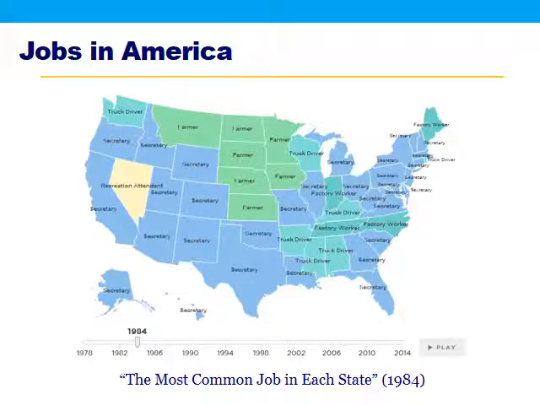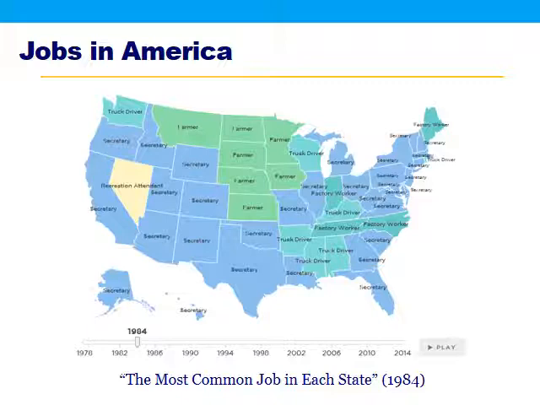This is a fun example that I'm a little bummed that we didn't get to do together. What we see here is a map from 1984 that shows for each of the 50 U.S. states what the most common, or in other words, the modal job in that state was. So you'll see a lot of states where secretary was the most common job.